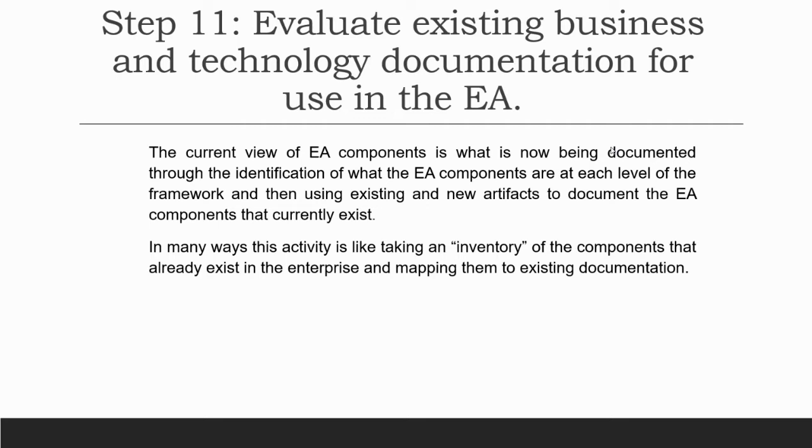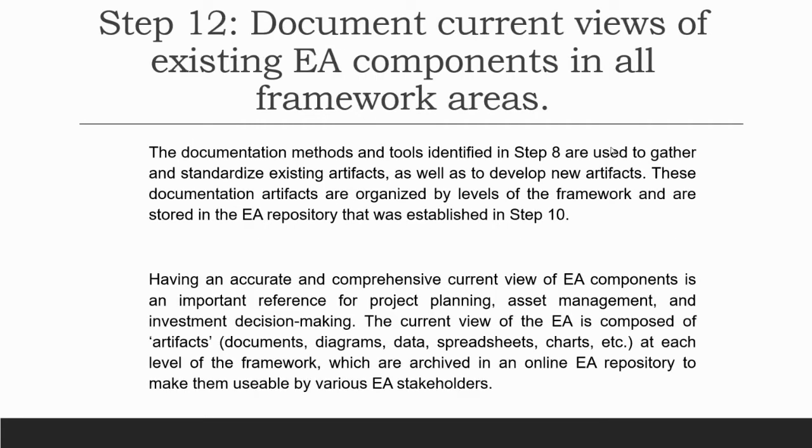This task is similar to conducting an inventory of the components, such as the strategic goals, business services, metrics, data services, and IT resources that currently exist in the firm, and mapping them to existing documentation.